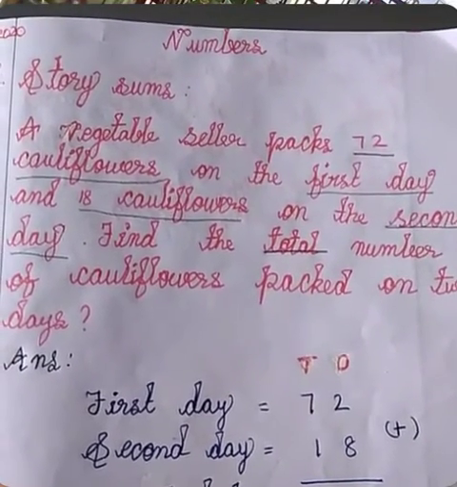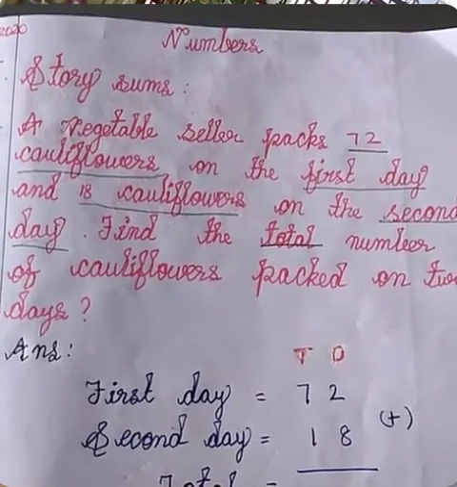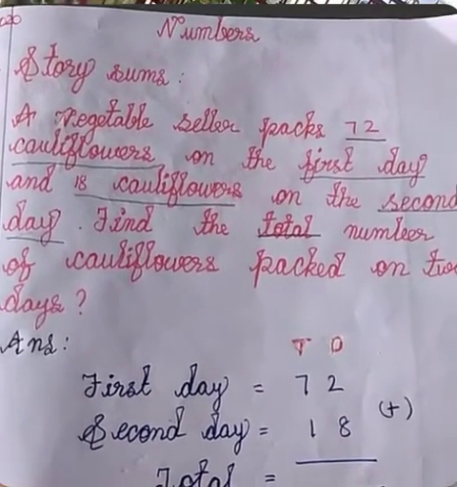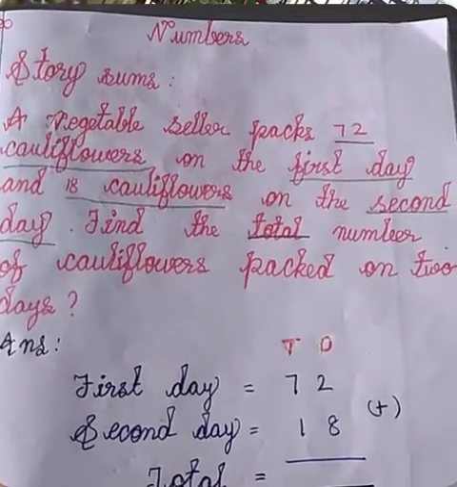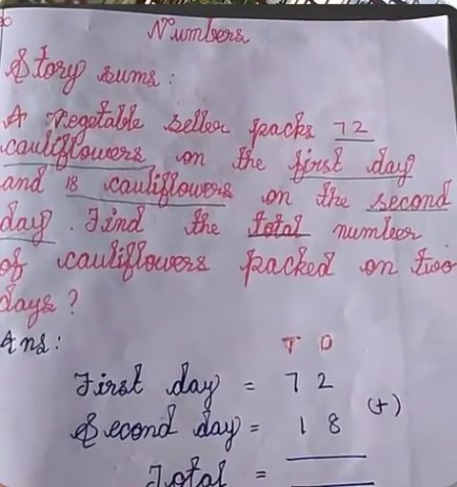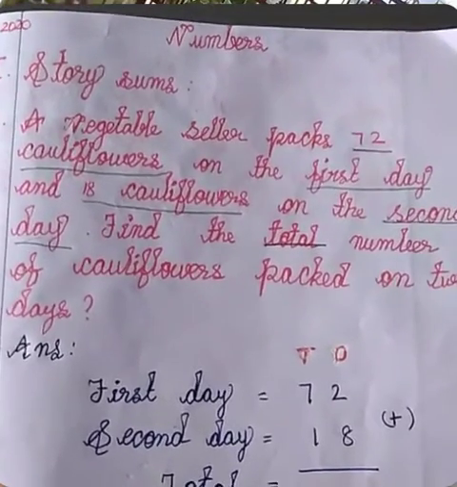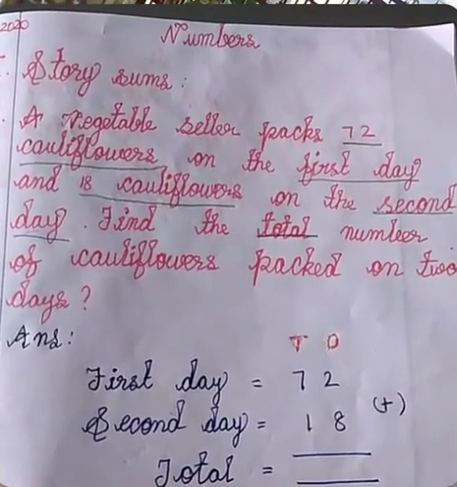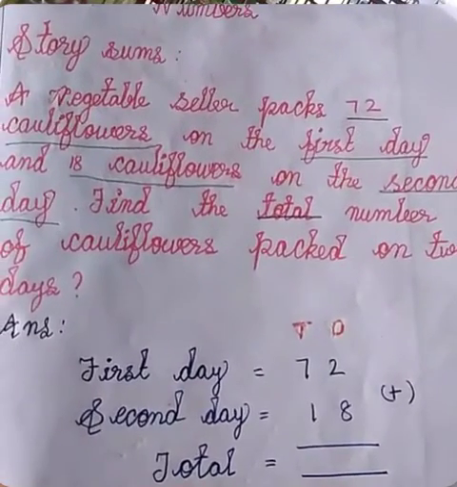In the question they are asking to find the total number of cauliflowers packed on these 2 days, the first day and the second day. The word total given in the question means that it is an addition story sum.